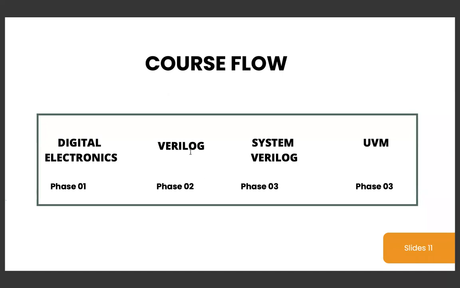So what are the things that we cover in the course flow? These basic concepts are divided into 4 phases. One is the digital electronics part, where you understand the fundamentals of the things that are being done. If you're from an electronics background, most of the things you would have known, like what is a Boolean expression, how digital things are expressed, what are the gates, how do you simplify that, what are the different laws binding them, and these are the things that you would be studying.